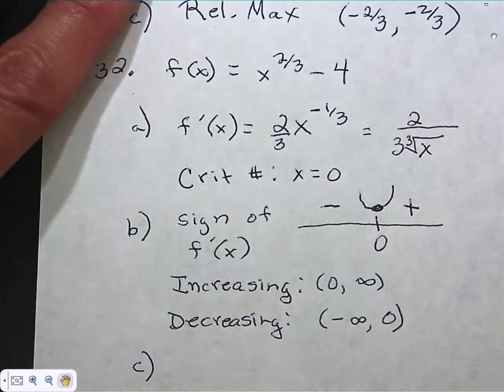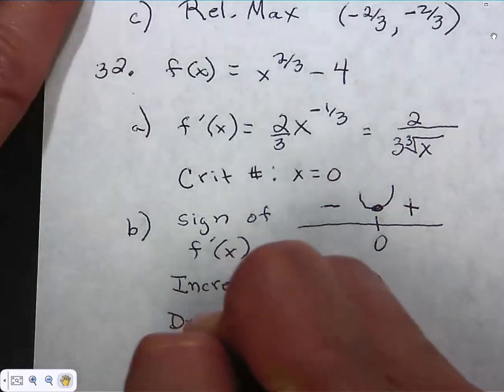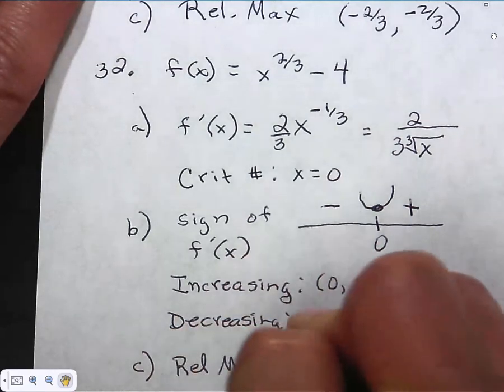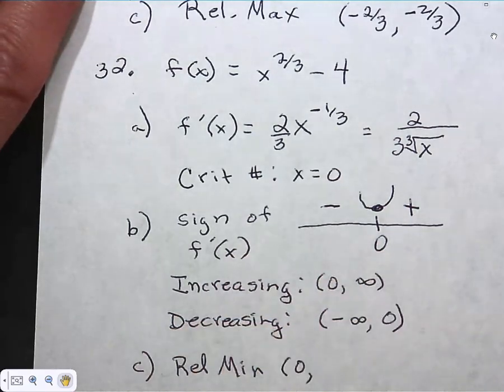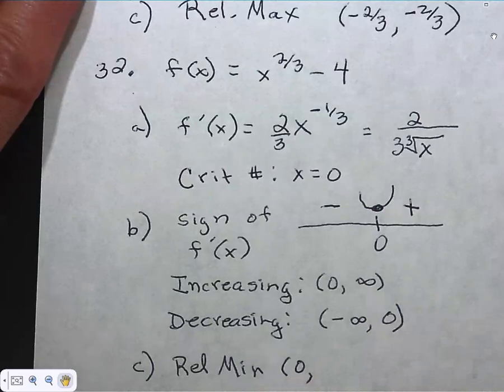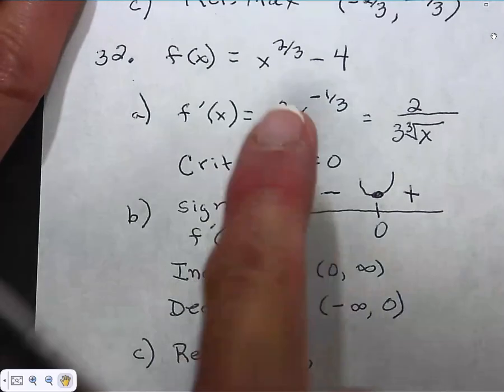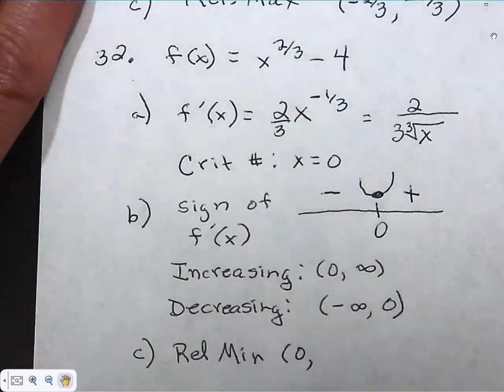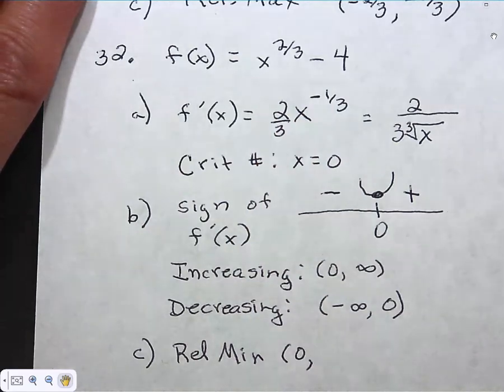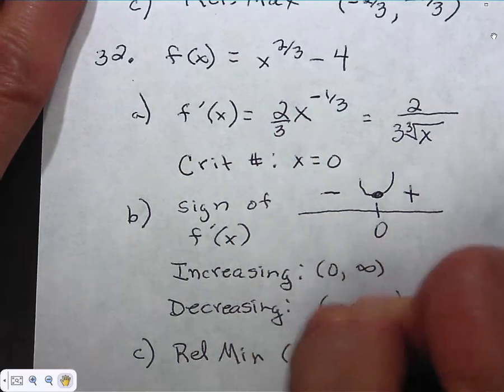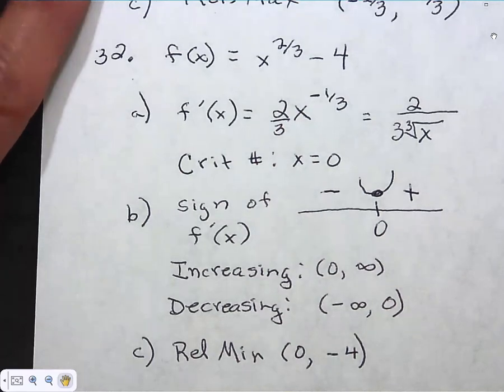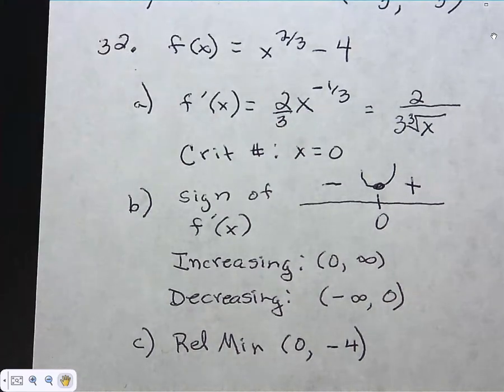There's a relative min. Relative min when x is 0, and where do I plug that 0 to get the y? The original function, because I'm graphing the original function. If I let x be 0, y is negative 4, and then I can check that on a calculator.